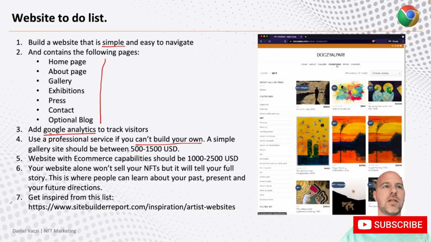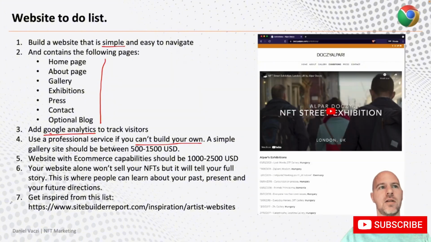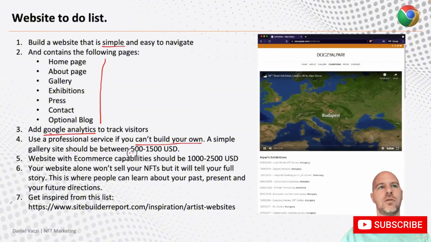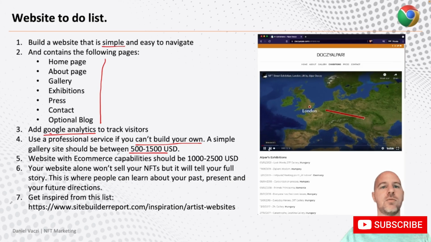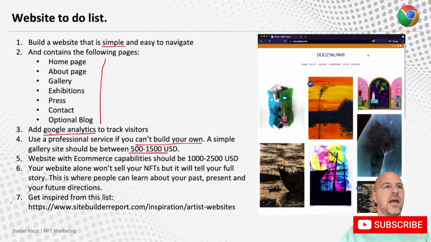But to be honest with you, a simple gallery site shouldn't be more than 500 to 1,500 US dollars. And websites with e-commerce capabilities should be a little bit more, so 1,000 to 2,500 US dollars. Your website alone won't sell your NFTs, but will tell your full story, which we said earlier.